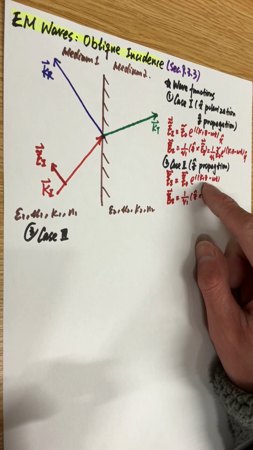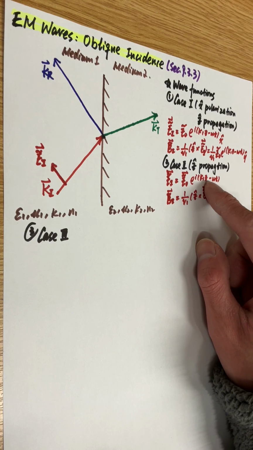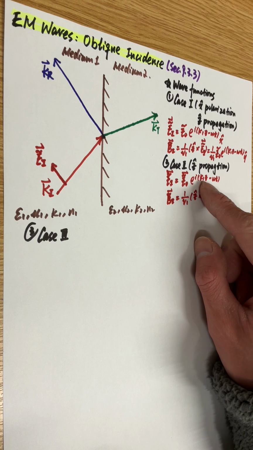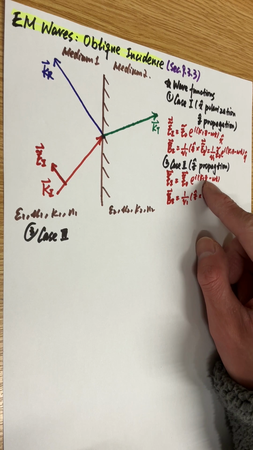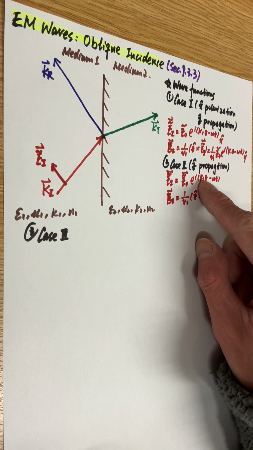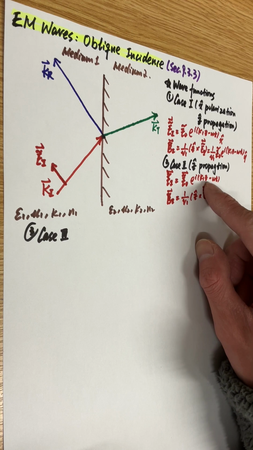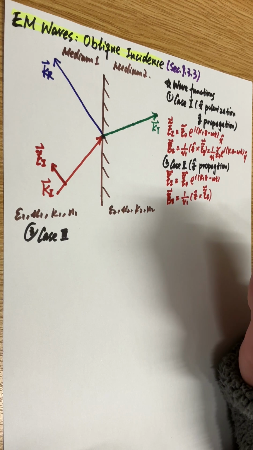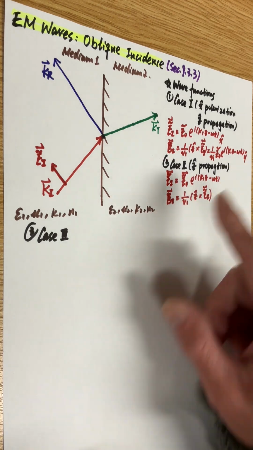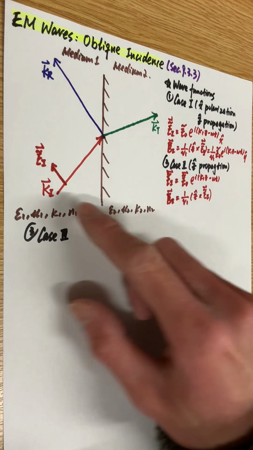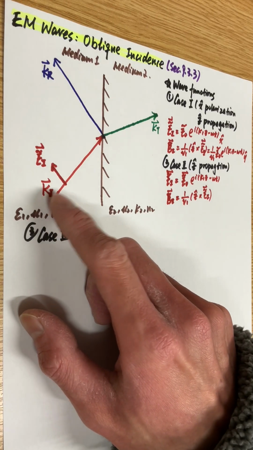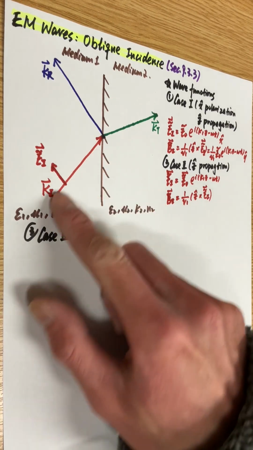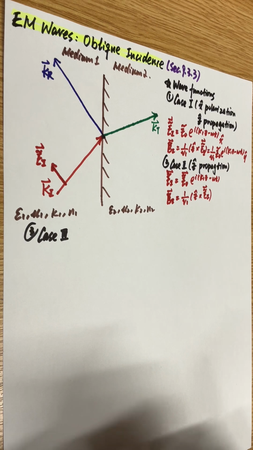Here we have the propagation direction as z. If you assign kappa 1 to be kappa I as a vector, then the dot product between the kappa 1 vector and the z direction would be just the multiplication between the two magnitudes. But now if the propagation direction can be any direction, then we use this wave vector to indicate the direction of propagation.